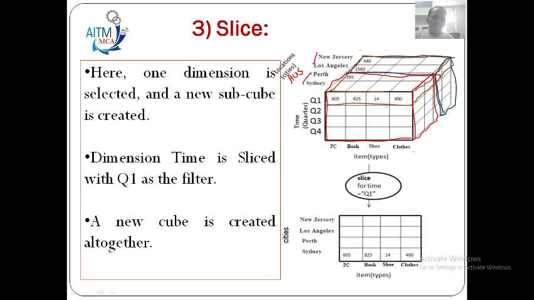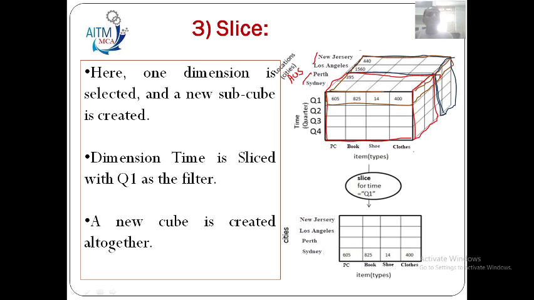If you remove the first slice, you will get this: the cities New Jersey, Los Angeles, Perth and Sydney, and the items book, shoe and cloth. So I removed only the information of the first quarter. Got it? That is one slice. I need only the information of that slice.